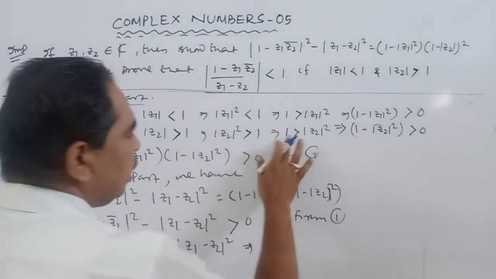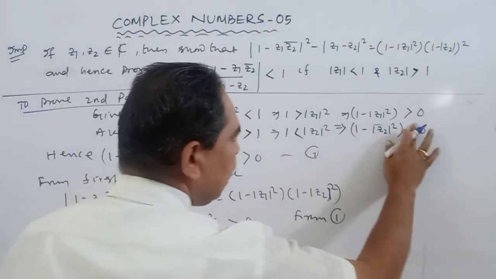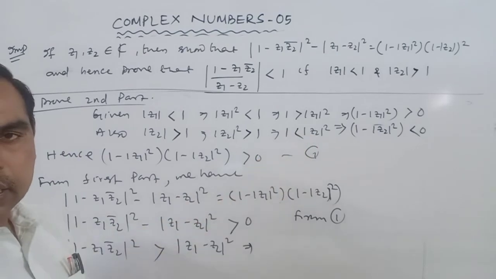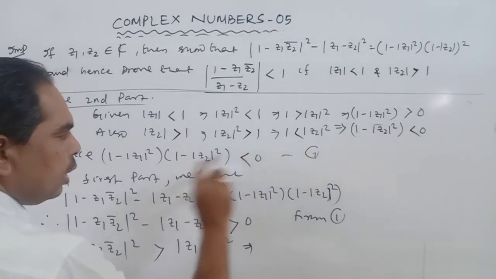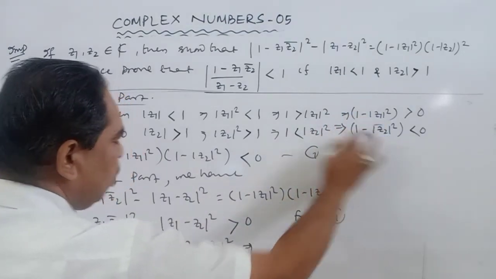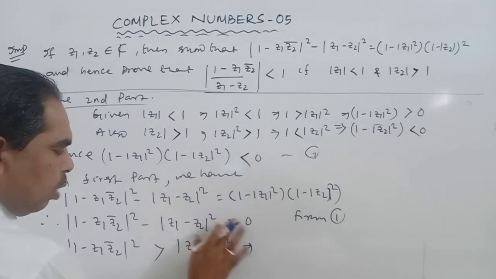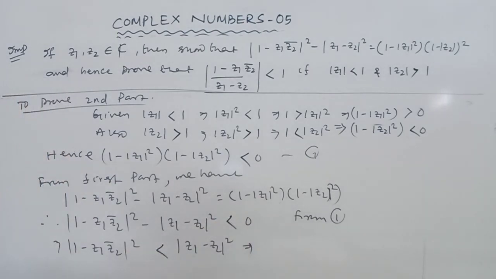So 1 is less than mod z2 square, and this, 1 minus mod z2 square, is less than 0. Okay. So here this is negative, because positive into negative is negative. So this is also negative. Put a negative sign, because mod of z2 is greater than 1, given.